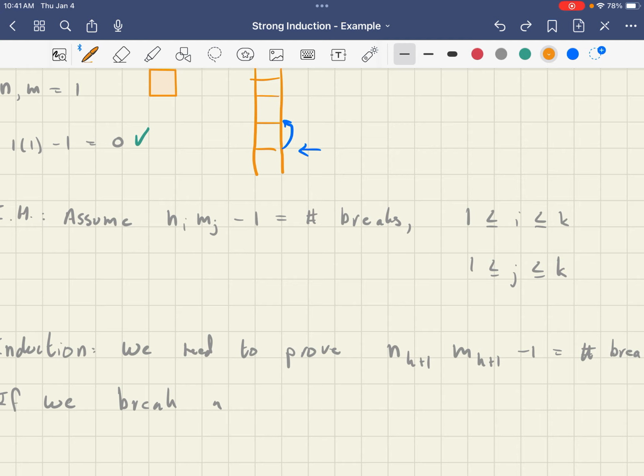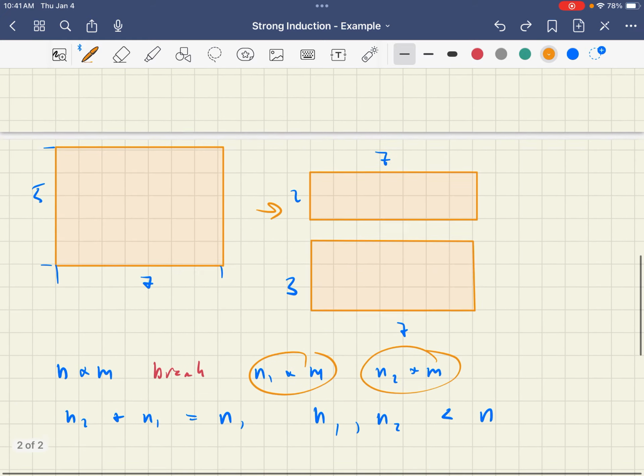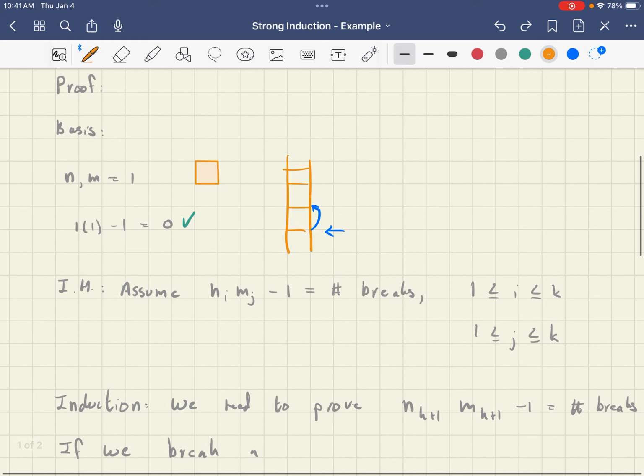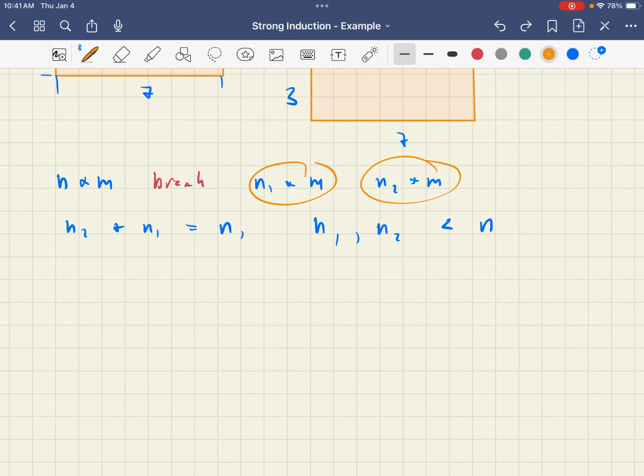You're saying, well, we haven't proved that assumption yet. I know, that's the whole point of strong induction. We're assuming that's the case, and we're showing that if we assume that, then we get a proof that proves that the next step is true. Okay? All right, so we're assuming that n1 times m and n2 times m both follow this principle.